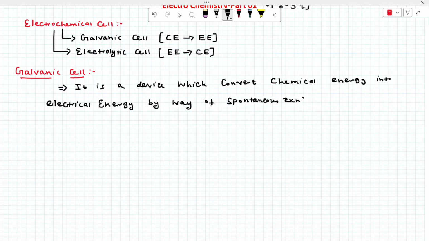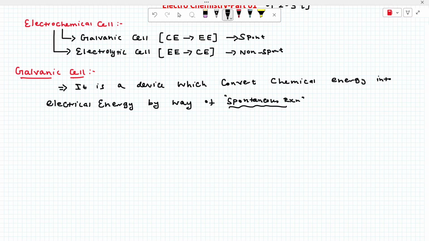Please note. The galvanic cell is spontaneous. The electrolytic cell is non spontaneous.